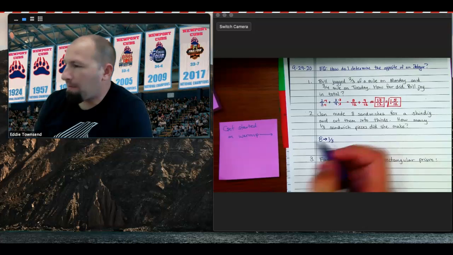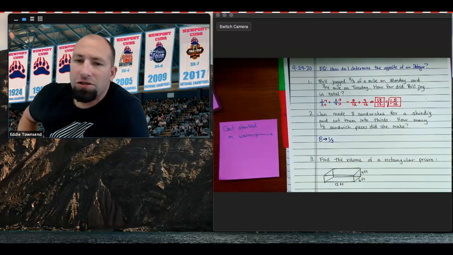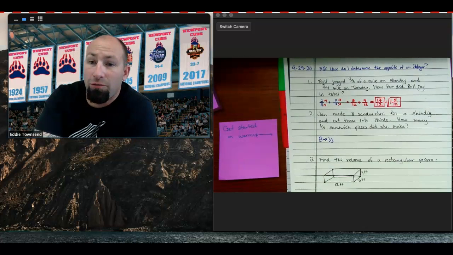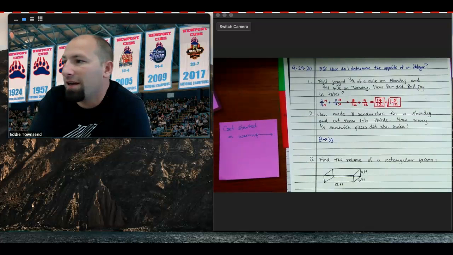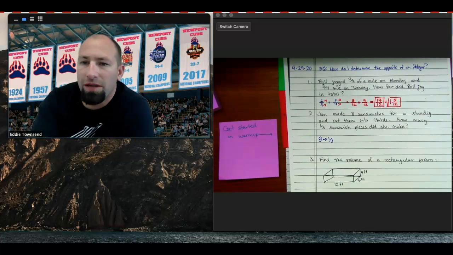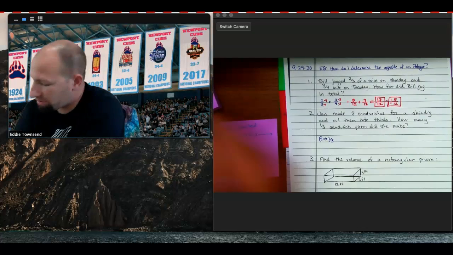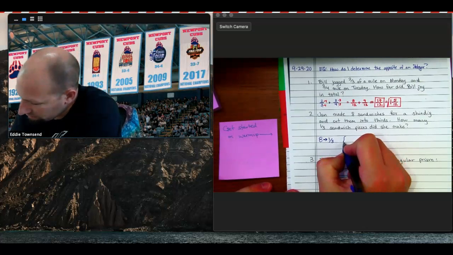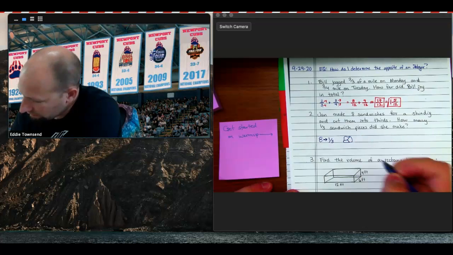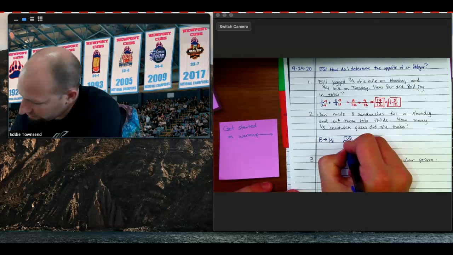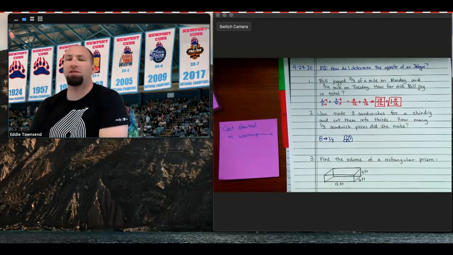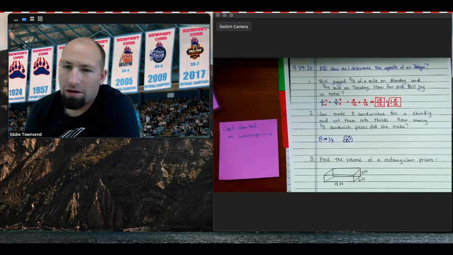Each sandwich is 3 1/3 pieces. So you've got a sandwich, we'll just draw a picture. And then she cut this sandwich. You got 1, 2, 3. But she made 8 of those, all right?